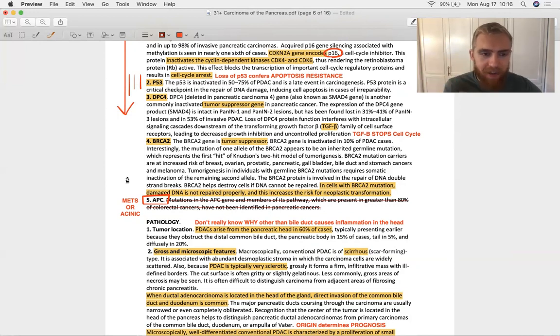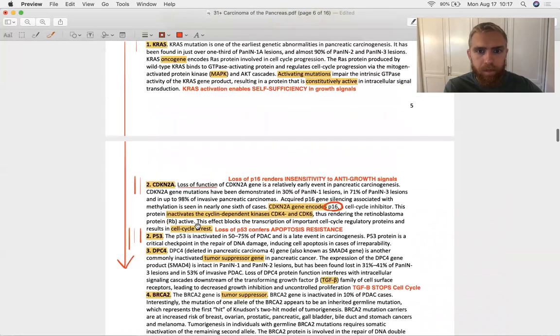So don't pick that. If it's an acinic cell carcinoma, you can pick APC. Those all have APC mutations. If it's colorectal that's metastasized possibly to the pancreas or the liver, you might see APC mutations, but you're not going to see it in the ductal adenocarcinoma, which is the majority of pancreatic cancers.